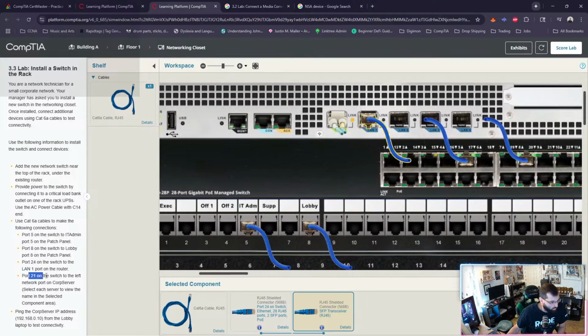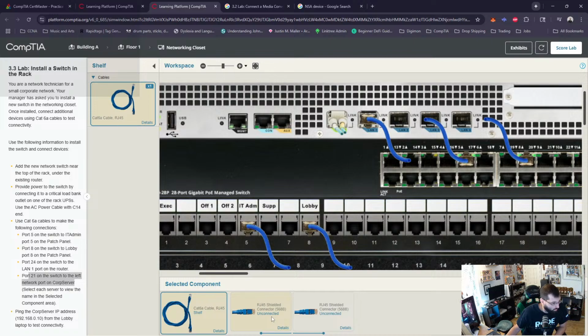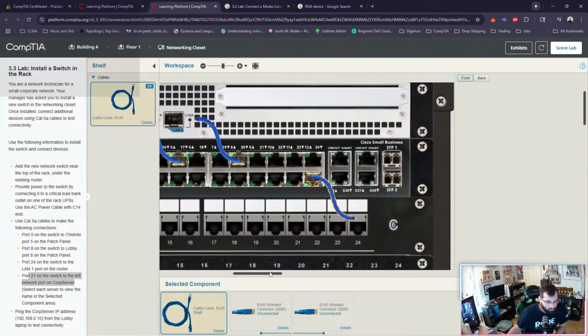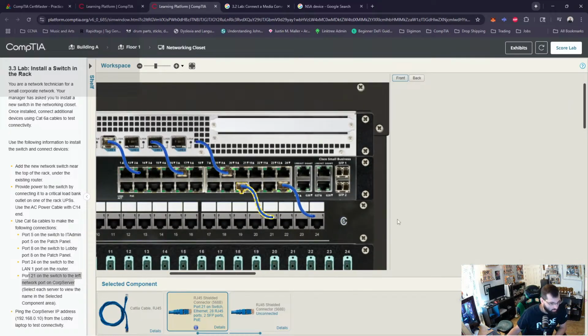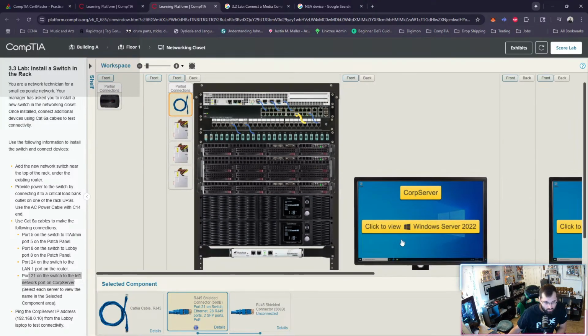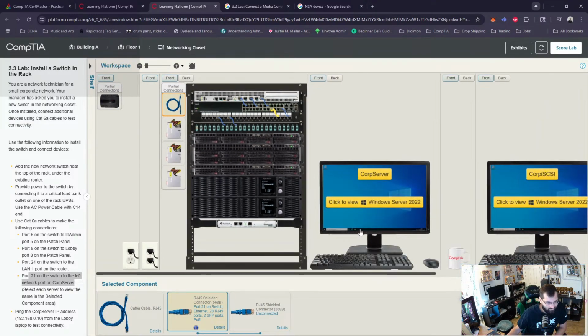Okay, and then we have port 21 on the switch to the left network port on the server. Okay. So port 21. Where does it go?